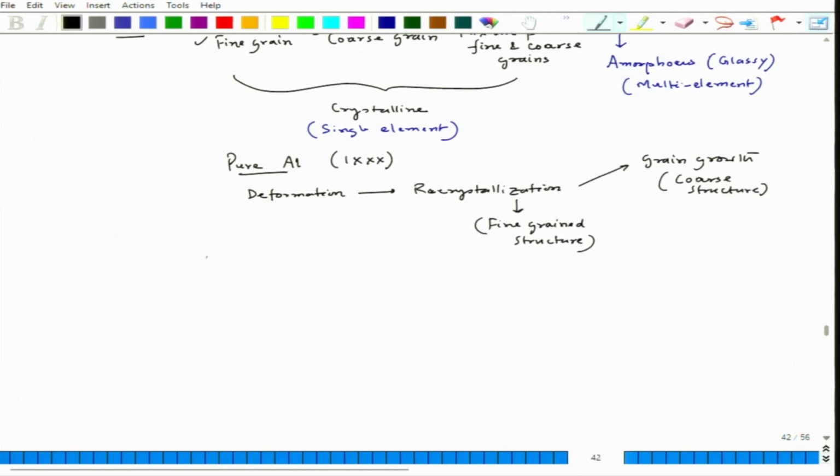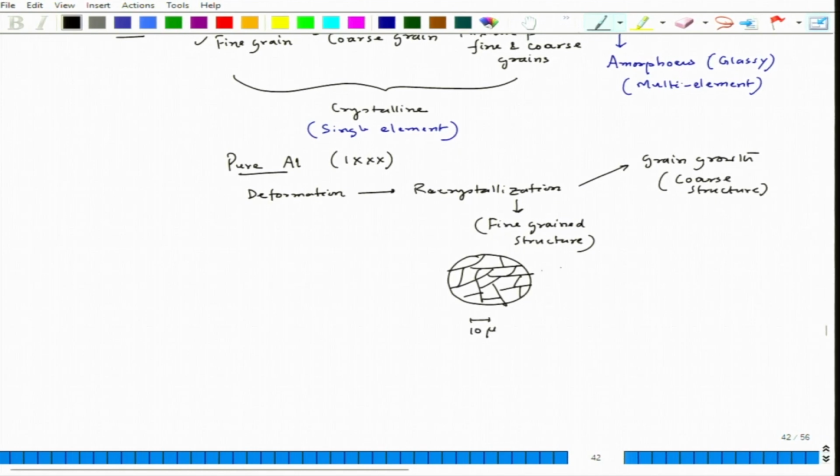The bimodal structure could be in one case. For example, if we draw it schematically, you will see that the grains are very fine. If this is the scale, let us say this is 10 micron.